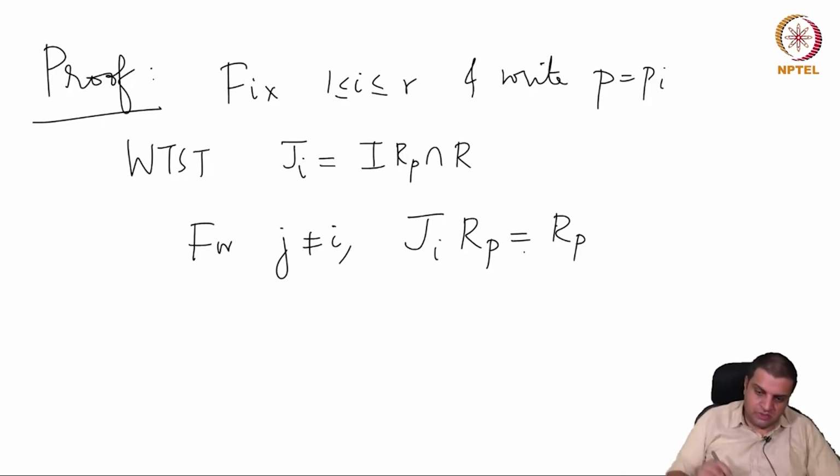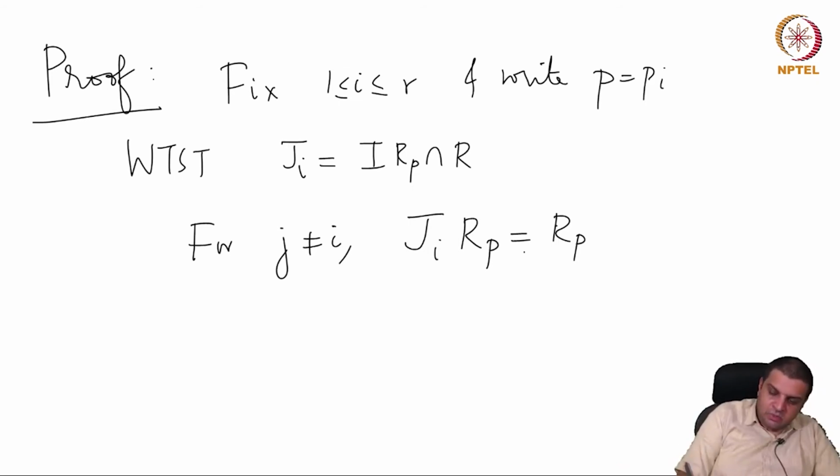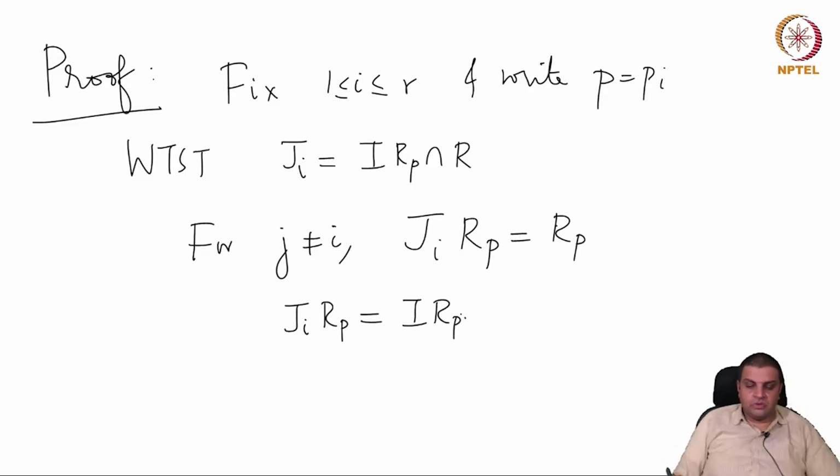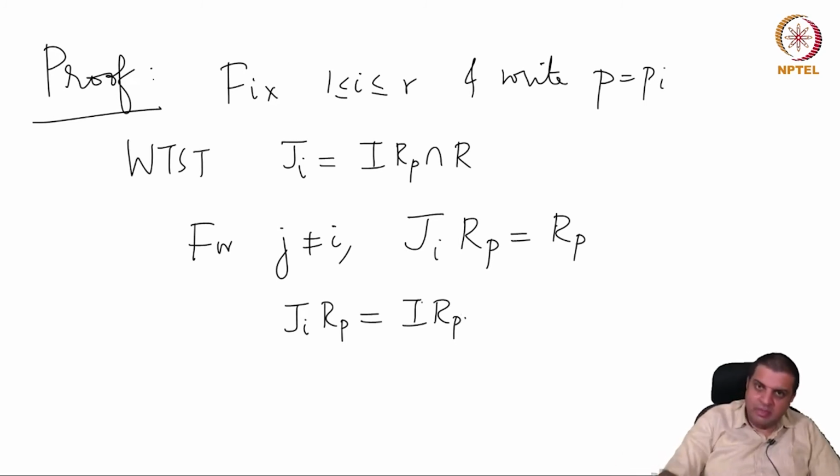So using this, one can check that Ji R localized at P is exactly I R localized at P. Now when we contract it back, we might get a bigger ideal.